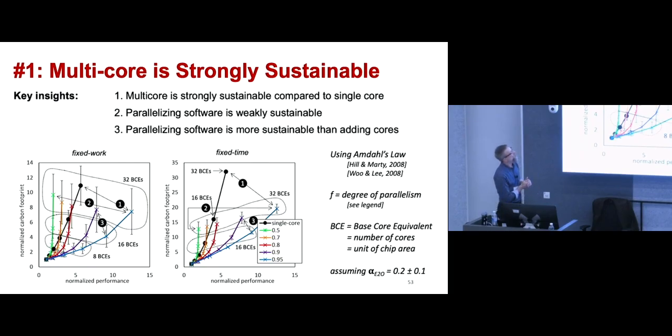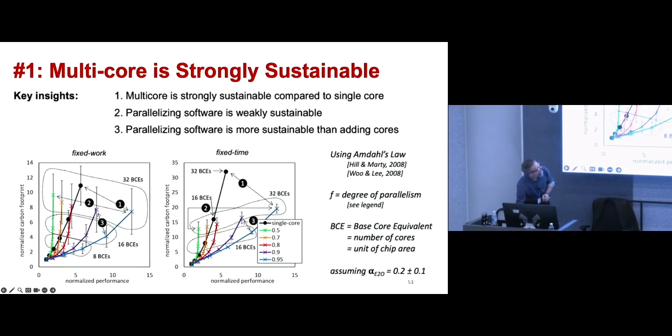And then a third conclusion, which is quite interesting, I think, is that parallelizing software is more sustainable than adding more cores. If you compare this design point here, with 32 BCEs, so 32 cores, versus this design point with 16 cores, here software has been parallelized for 90%, whereas there, software has been parallelized for 95%.